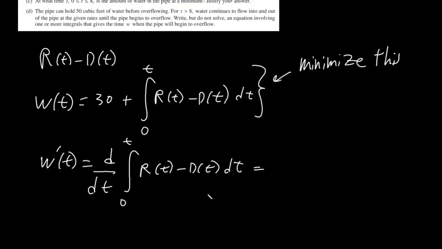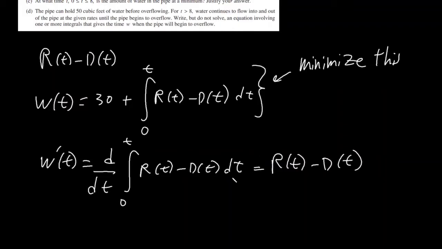If we evaluate this, remember, by the fundamental theorem of calculus, the derivative and the integral cancel out, so we're just left with r of t minus d of t. That's why the whole t thing is a little bit confusing, because it's not really the same as this. We took this t and substituted it in for here, so even if this was an x, we would plug this t in and we get r of t minus d of t. So if I'm confusing you, just stick with using x's here, and maybe it'll make your life a bit easier.